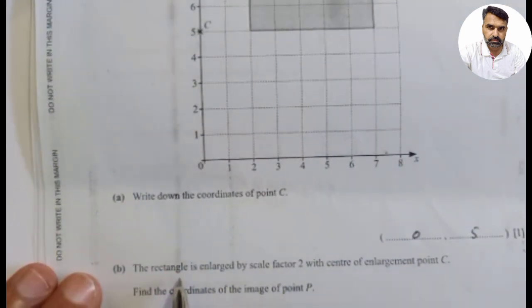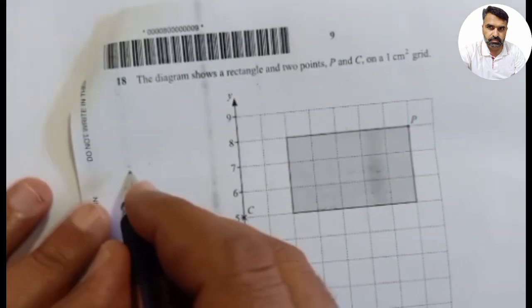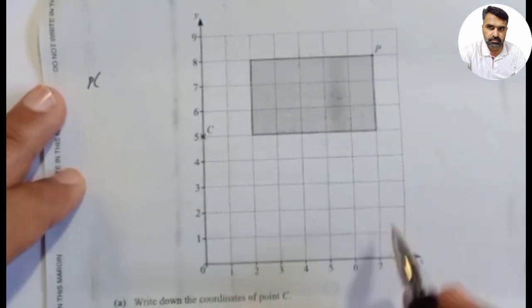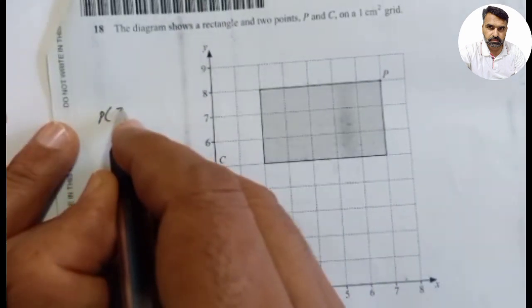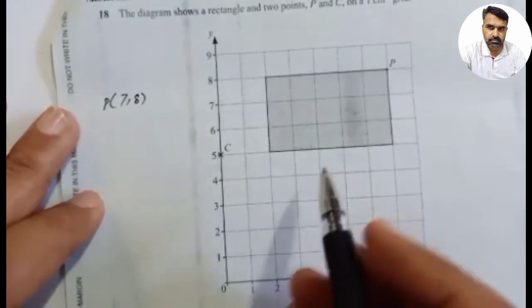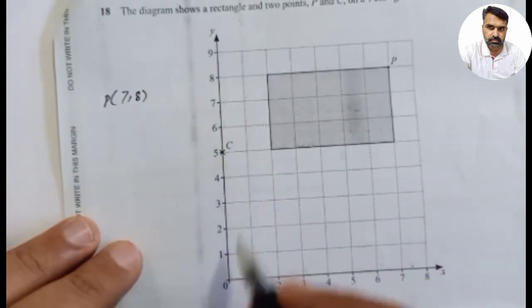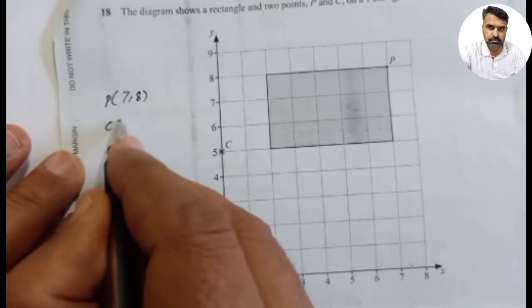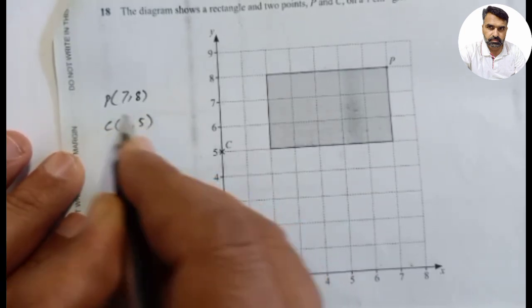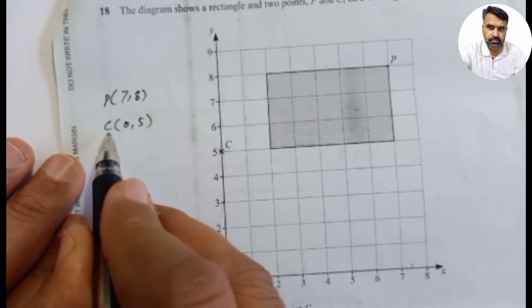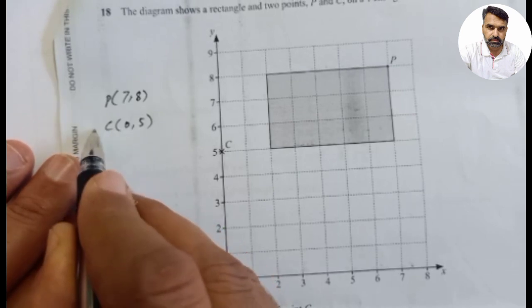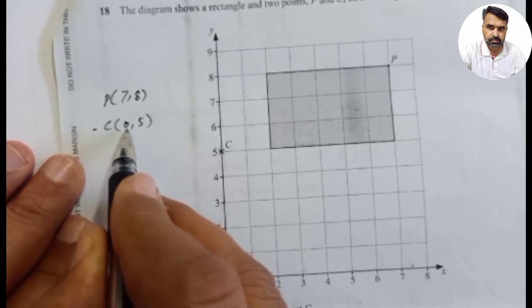B part, the rectangle is enlarged by a scale factor 2 with the center of enlargement C. Find the coordinates of P. So students, coordinates of P are 7 and 8. We have to enlarge it with the scale factor of 2 by taking center as 0 and 5. To make this point the origin, we will subtract the coordinates of the point of enlargement.